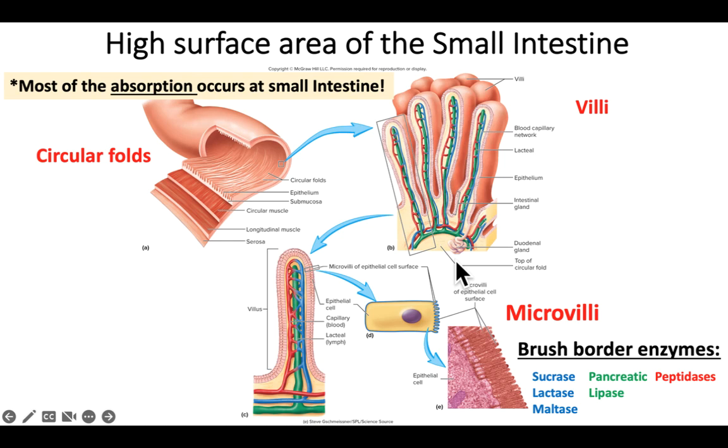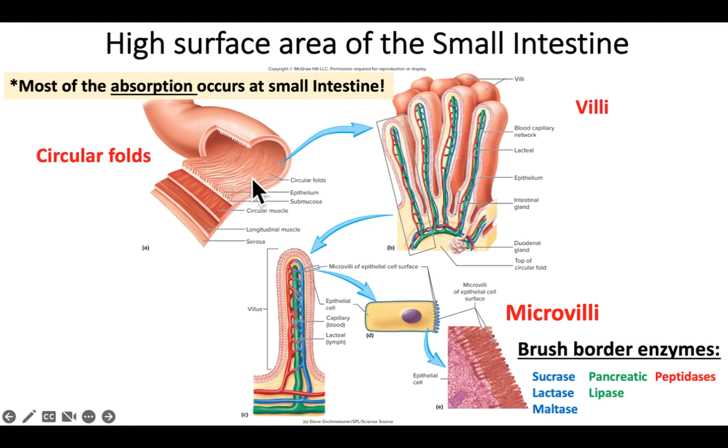Okay, let's look at the high surface area of the small intestine. That's going to allow all that absorption to occur. The more surface area you have, the more you can absorb into your bloodstream or lymphatics. So the small intestine has basically 3 levels of folding. It has this macroscopic folding, these kind of circular folds that you could see with the naked eye.